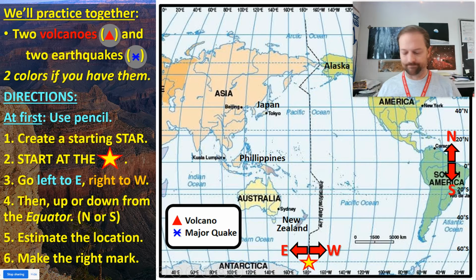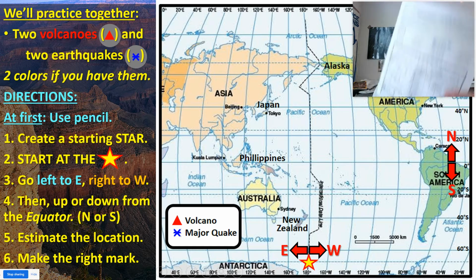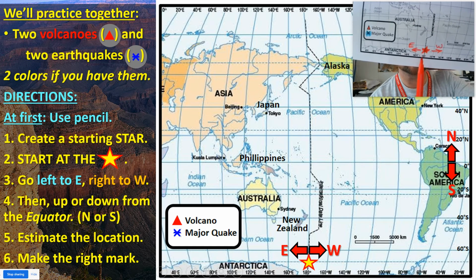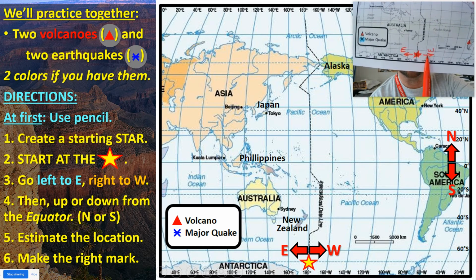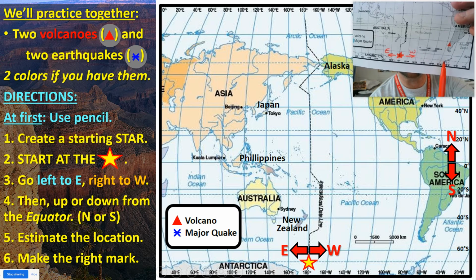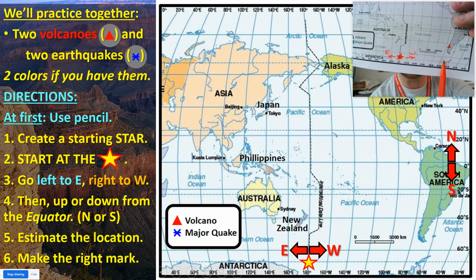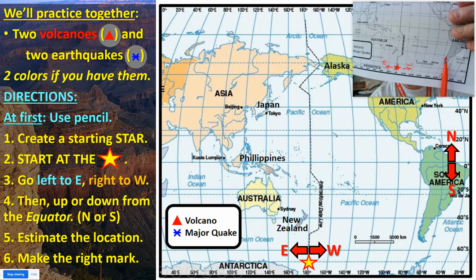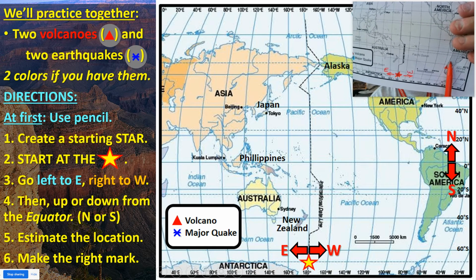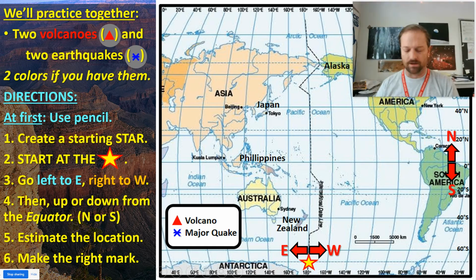So on my paper, again, starting at the start, going across to 70, which is halfway between 80 and 60, and then up to where 35 would be, right about there. Make another triangle.